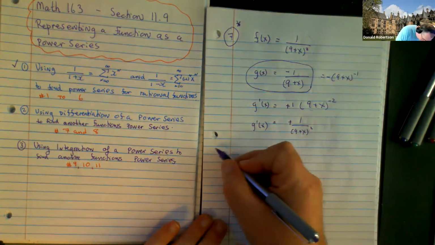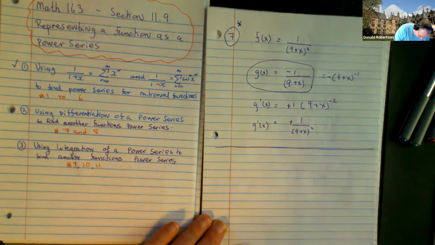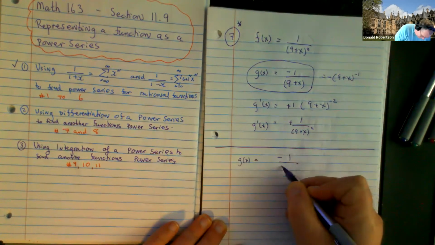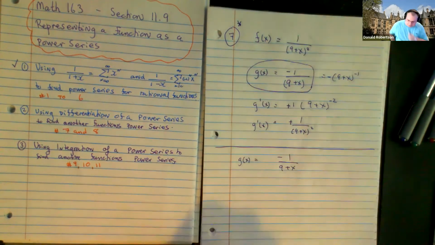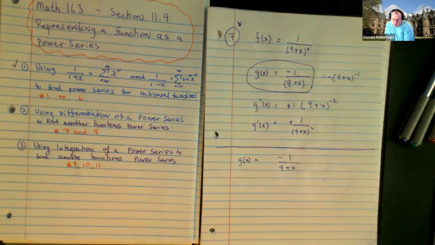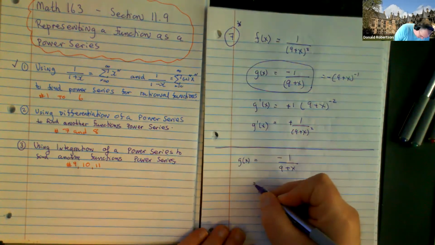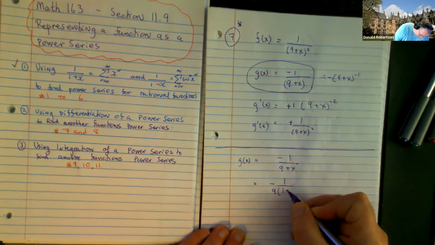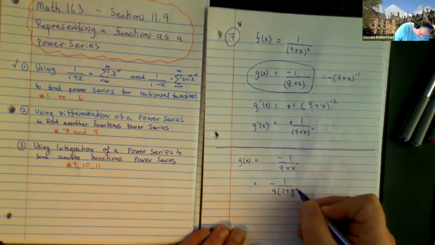So let's now focus on the power series for this guy. Well, I kind of need to do a little bit of a tweak. I'm going to pull out 9 and get that.